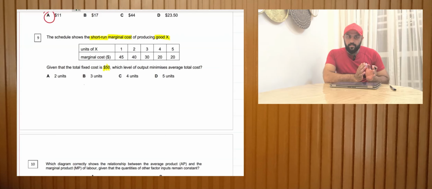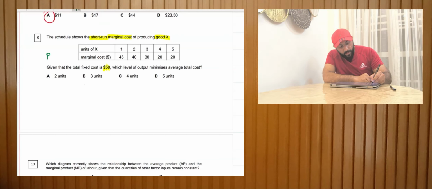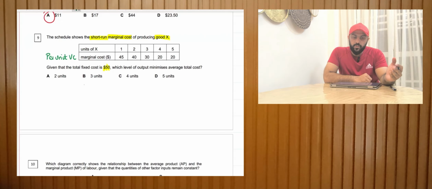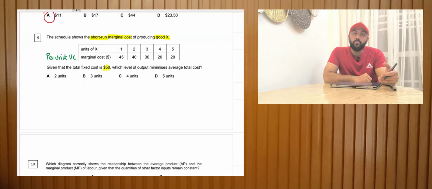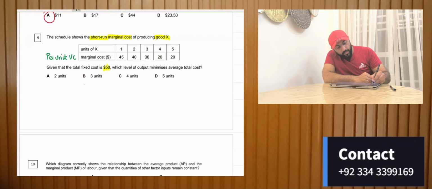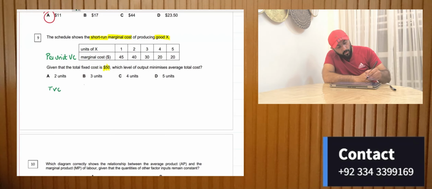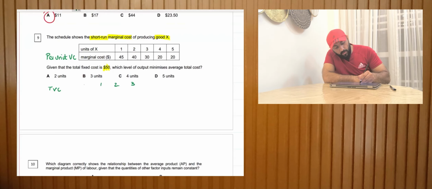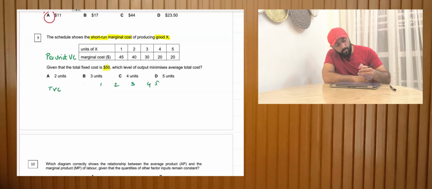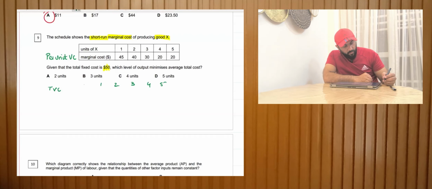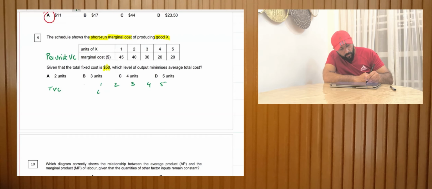Basically, we would replace marginal cost as per unit variable cost. So the variable cost for the first unit is 45 and the variable for the second is 40. That is what marginal cost basically means. So we need to calculate the total variable cost first. So for the units 1, 2, 3, 4, 5, let's say the first unit total variable cost is 45.